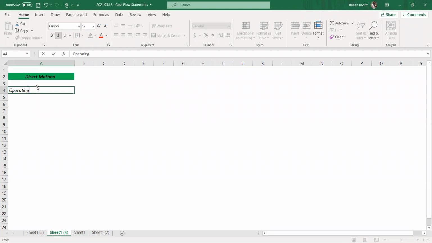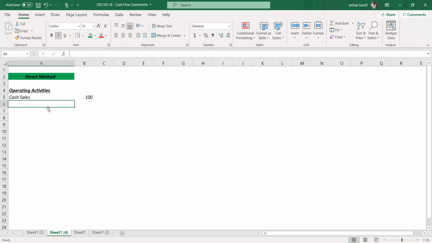We have operating activities. You can write this, okay? Operating activities. In the operating activities, the main cash transactions are cash sales. So you will record the cash sales, let's say 100,000.